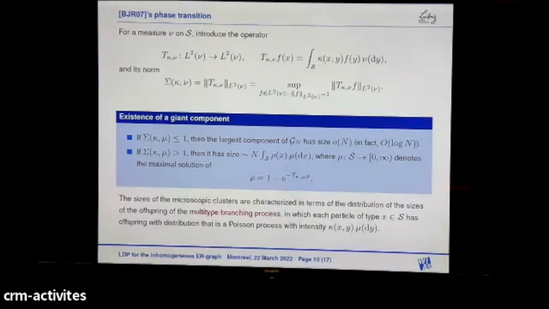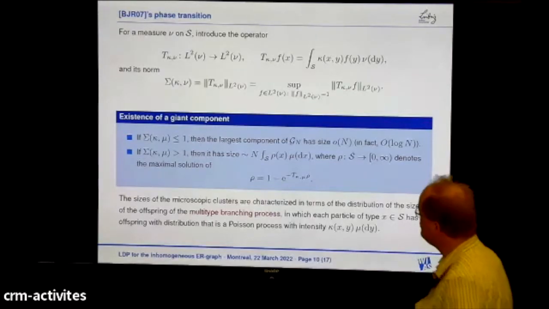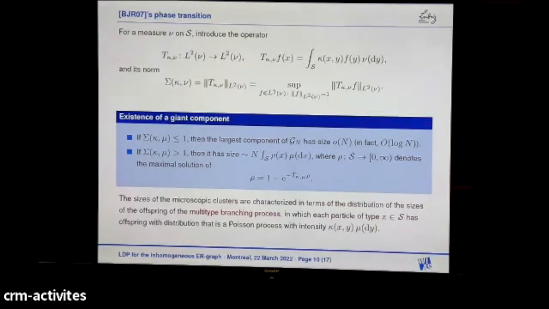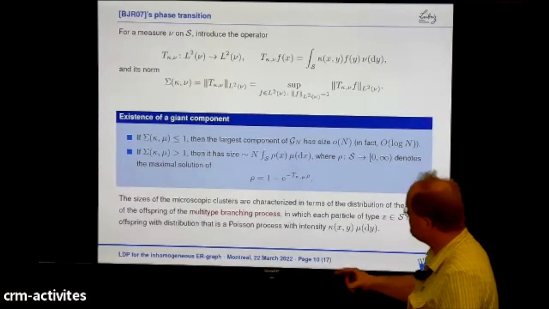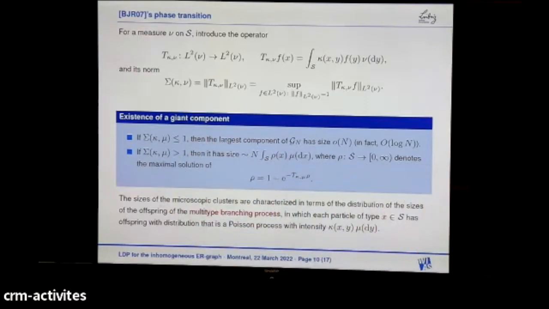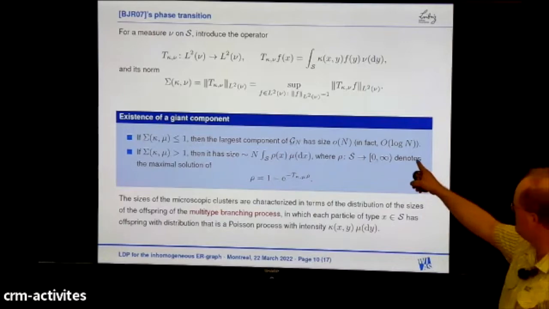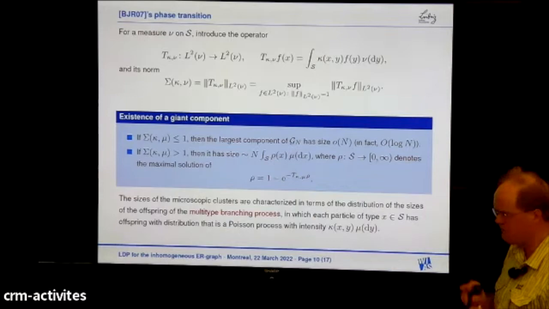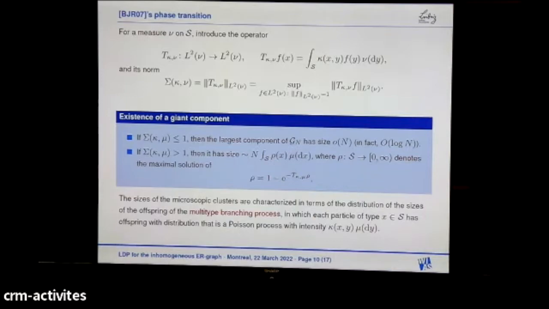And the sigma is now the L2 norm of this operator, basically the largest eigenvalue of this operator, written like that here. It also depends strongly on mu, which is later put mostly equal to mu. And then the criterion is the following: if this number is smaller or equal to 1, then the largest component has size small o of n, in fact, capital O of log n, as you know it from the usual Erdős–Rényi graph.